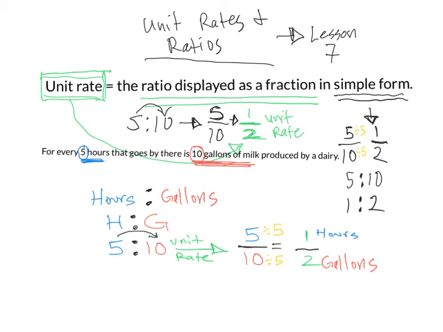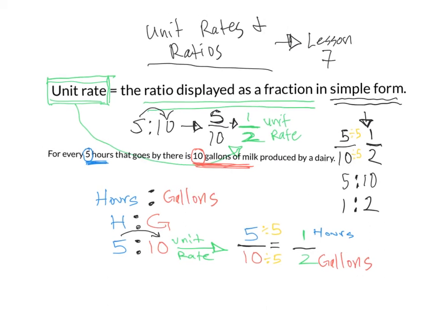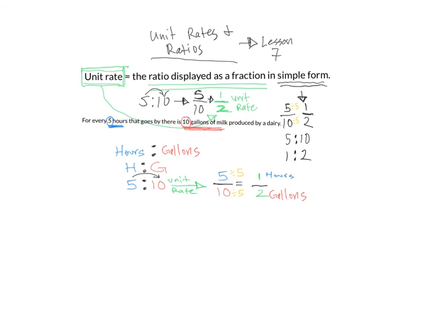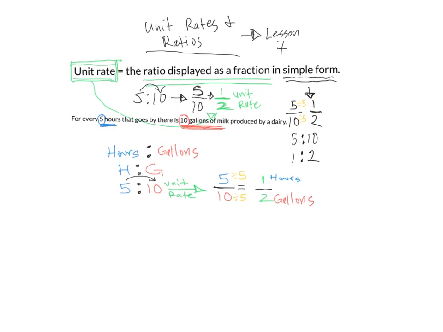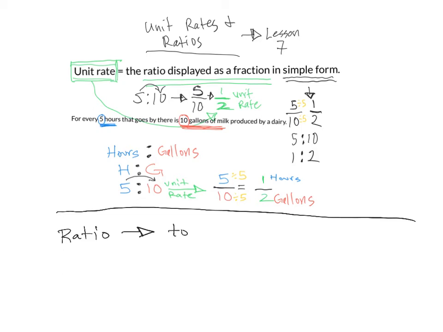Now, there's something really cool about unit rates, ratios, and fractions that I want to share with you now. And I'm kind of going to put a little line here to separate off. Not that it's completely separate, but I want to show you guys something. As you know, ratios we use the word to, which is the same as the colon, right?